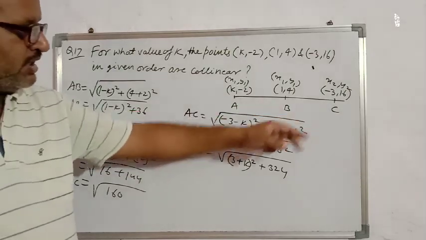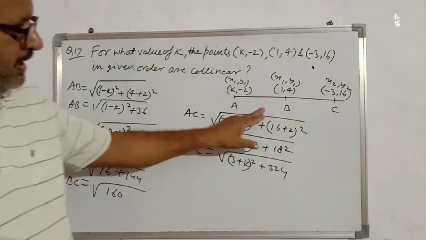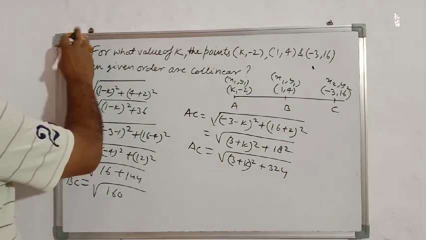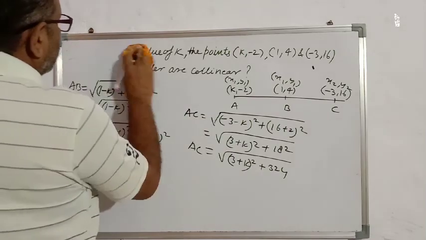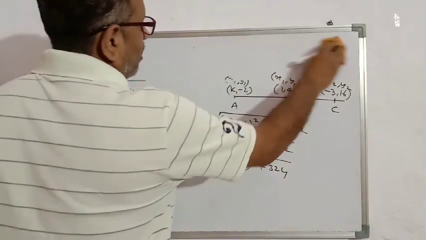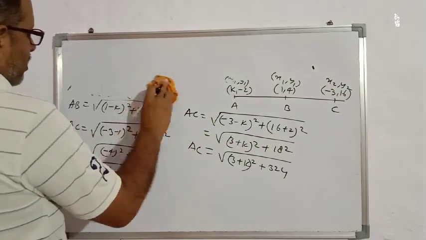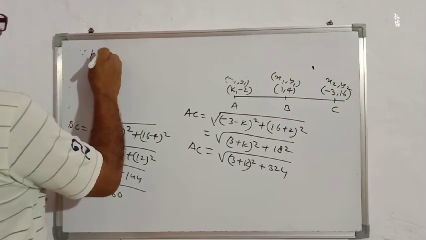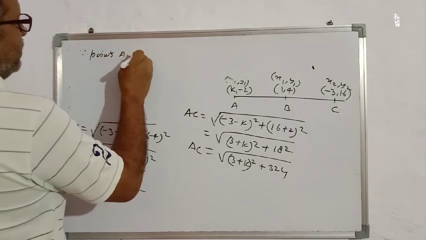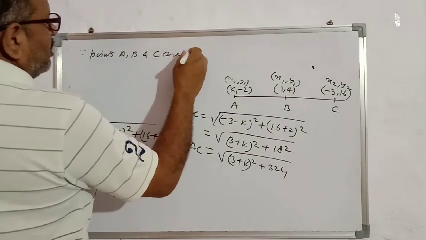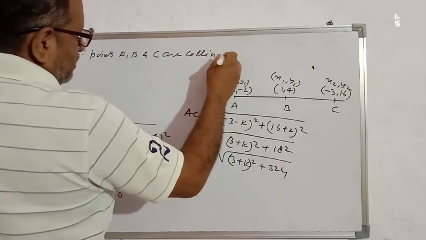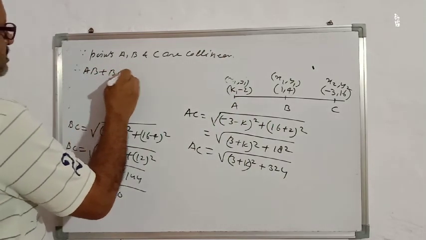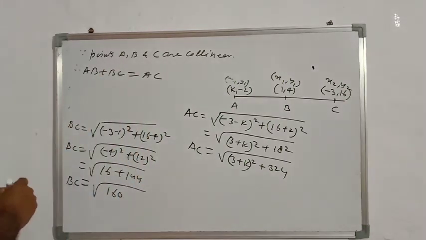Since points A, B and C are collinear, therefore we can write AB plus BC is equal to AC.